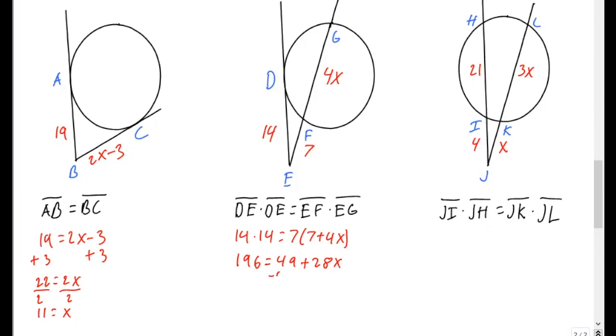So subtract 49 from both sides, and that will give us 147 is equal to 28x. Divide both sides by 28, and that will give us 5.25 is equal to x.